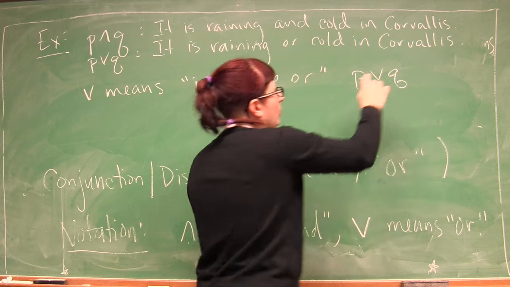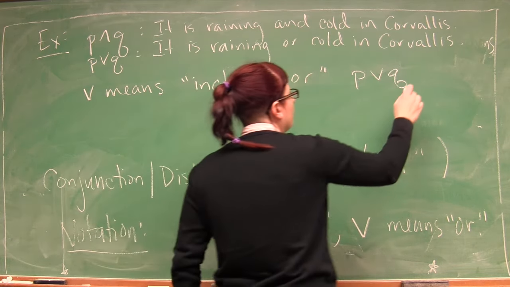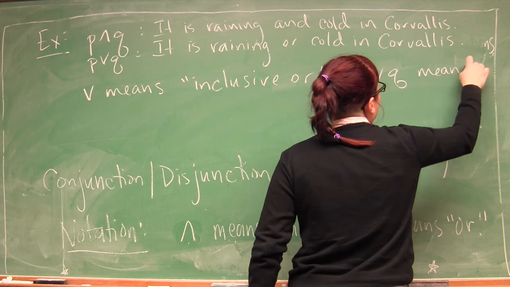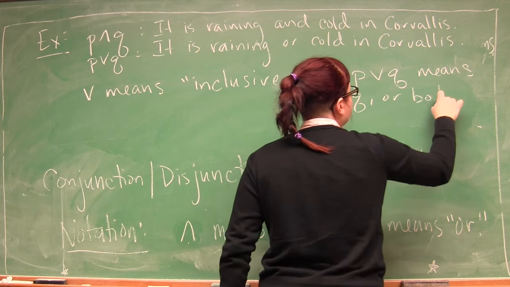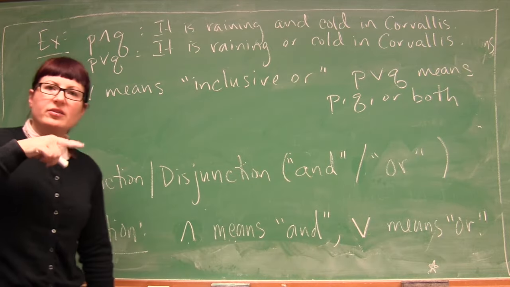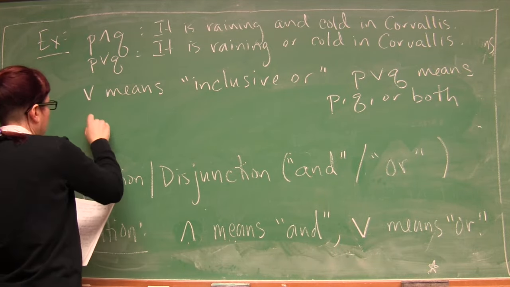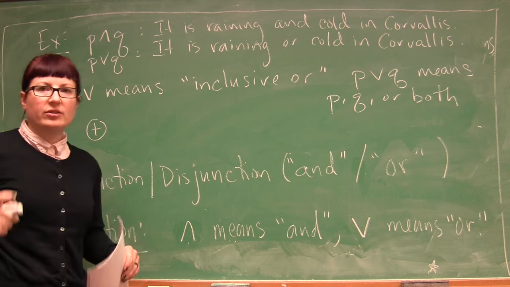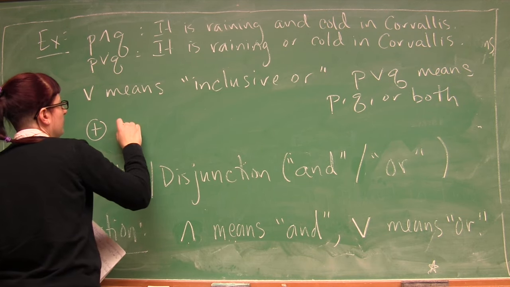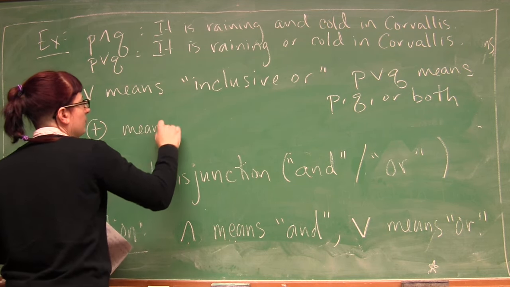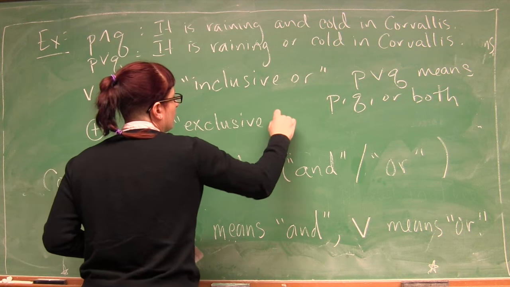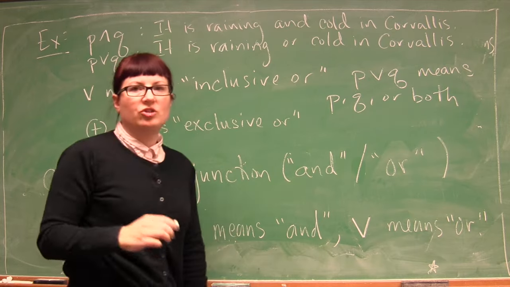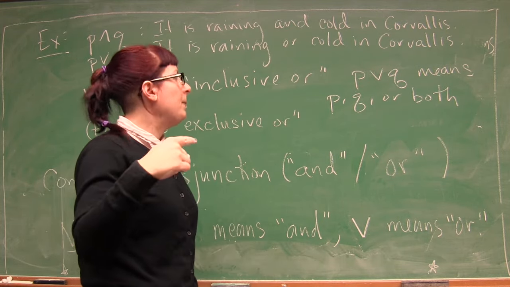P or Q means P, Q, or both. And a sum with a circle around it in your textbook will denote exclusive or, which is P, Q, but not both.